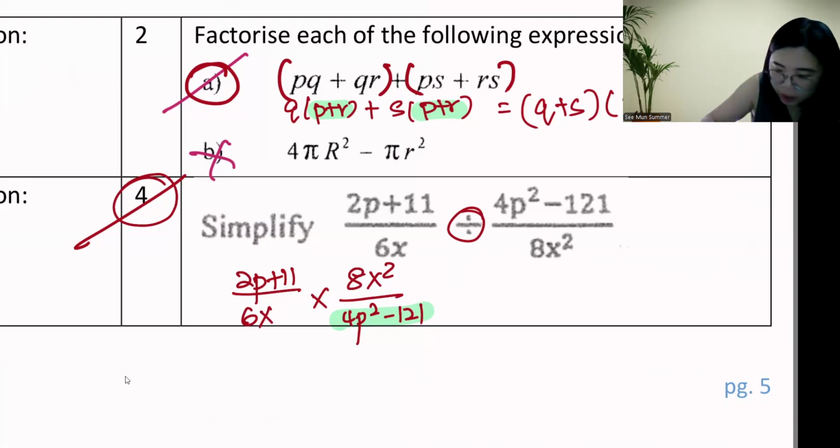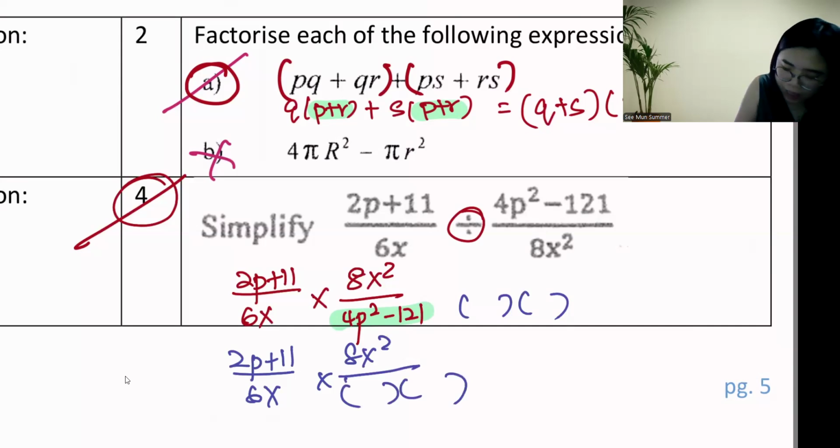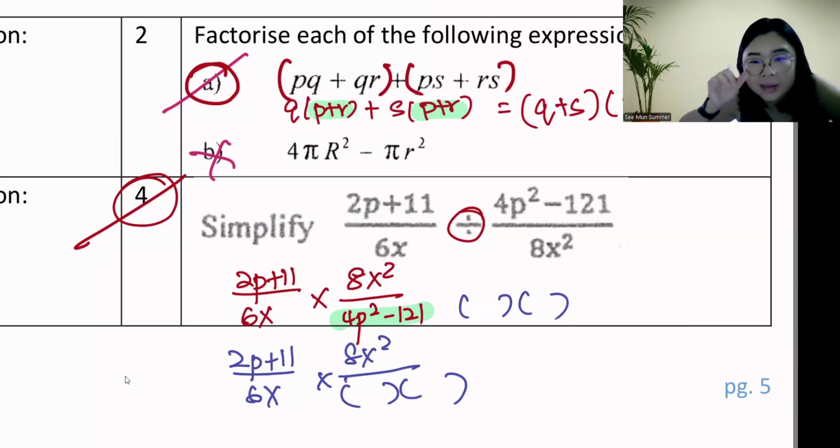So let's try. Can you make it 2 brackets again? Yeah, you can make it in 2 brackets because it's a square form. Okay, 2p plus 11, 6x times 8x squared. So make it in 2 brackets. You press it, a equals to 4, b equals to 0, and then minus 121. And then your answer would be, what is your answer?